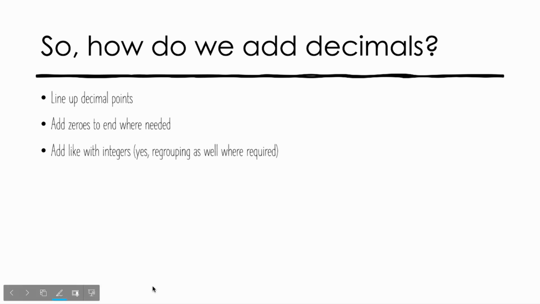Then we add like we do with integers. And yes, if there's regrouping, we need to do that too. And then in the end, we put the decimal point at the same lining. So wherever your decimal points were lined up, we need all our decimal points to be lined up in the same way.